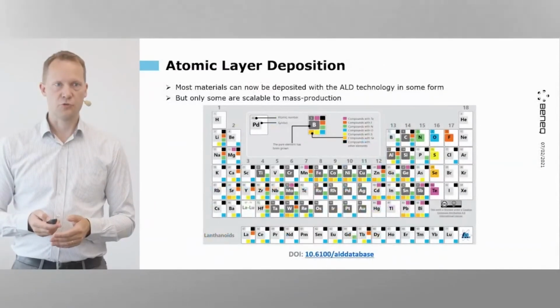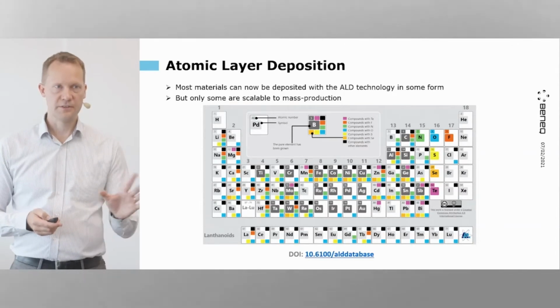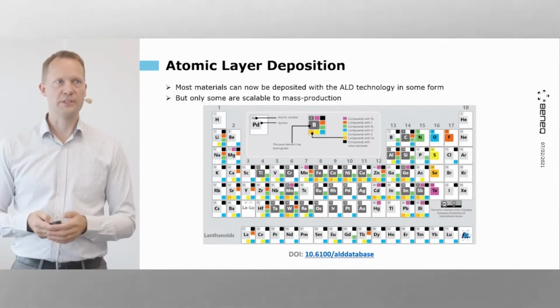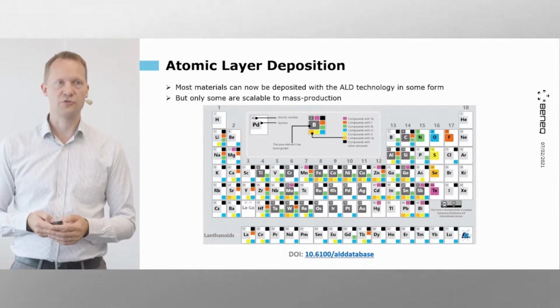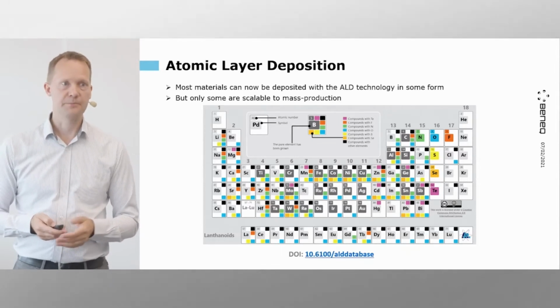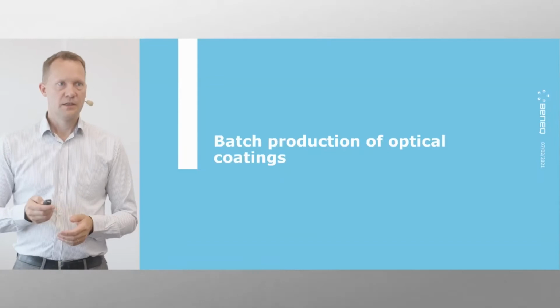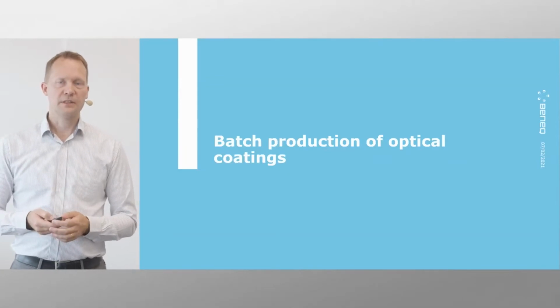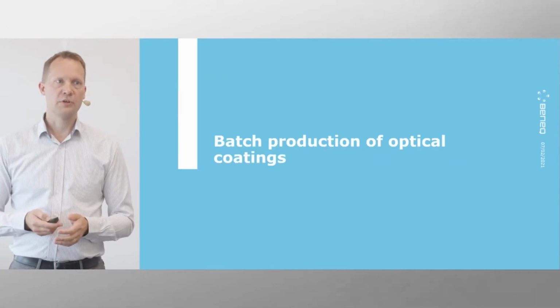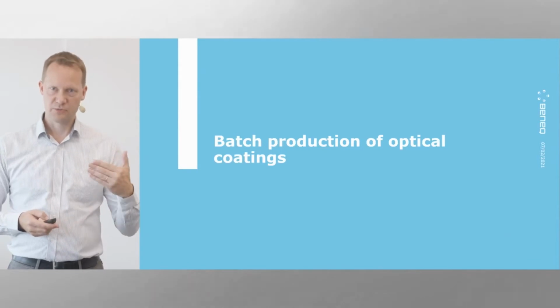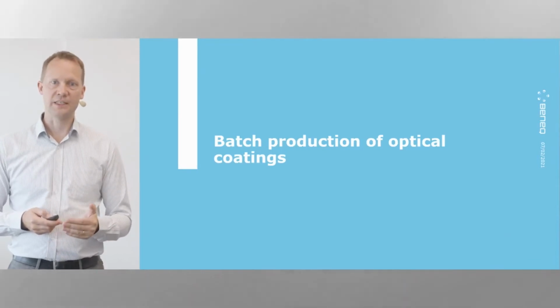However, it's good to notice that only a few, actually a minority of these, are really scalable to mass production scale currently. Okay, then next we are going to hear more about batch type ALD from John.